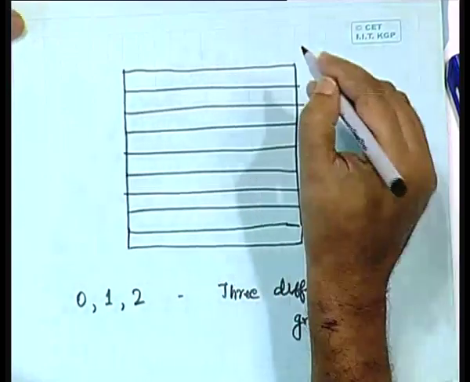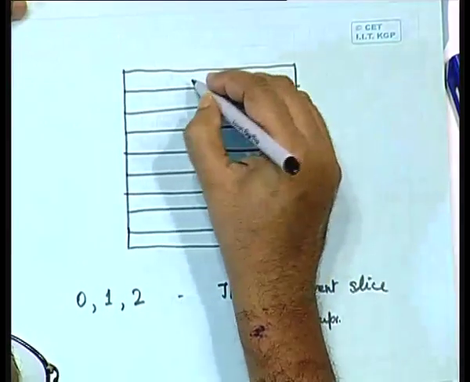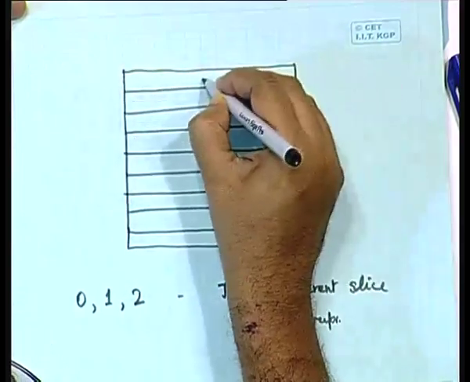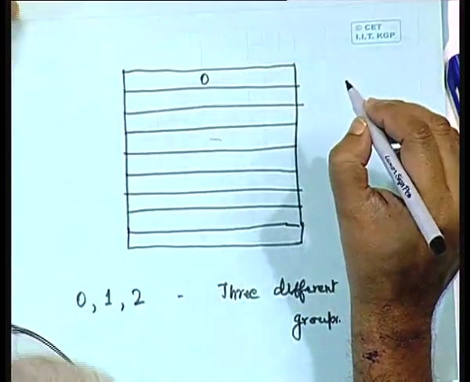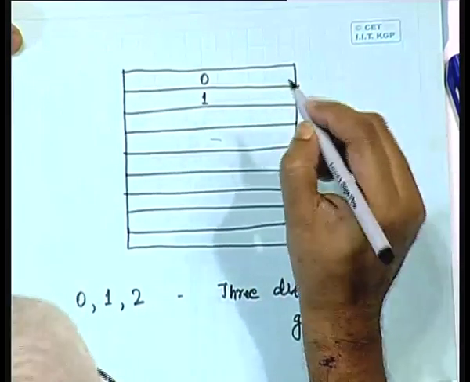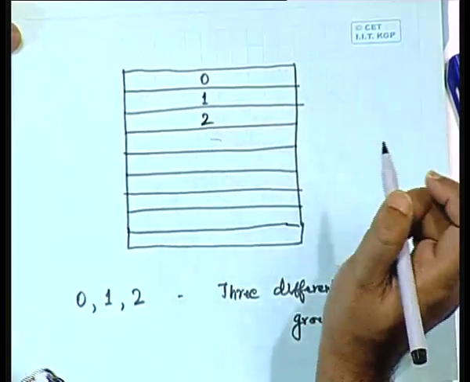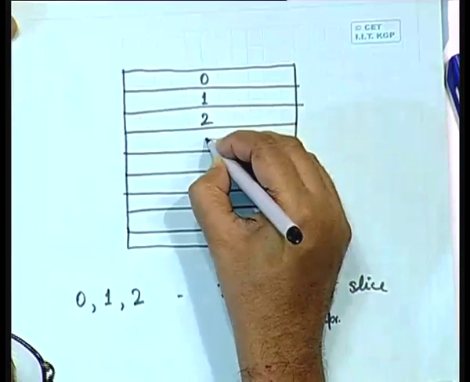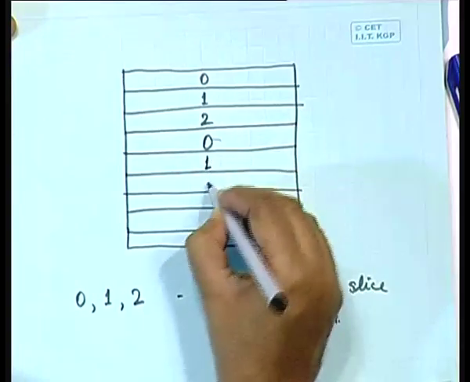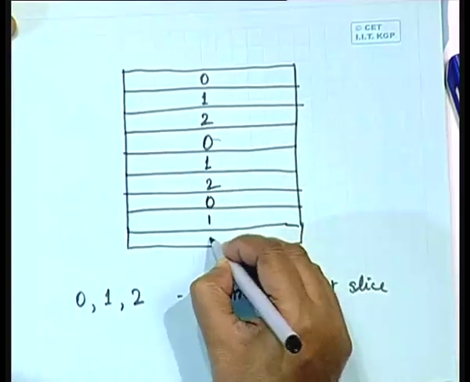The topmost slice belongs to slice group 0, the next slice belongs to group 1, the next belongs to group 2, and again the fourth slice belongs to group 0, then group 1, group 2, 0, 1, 2.